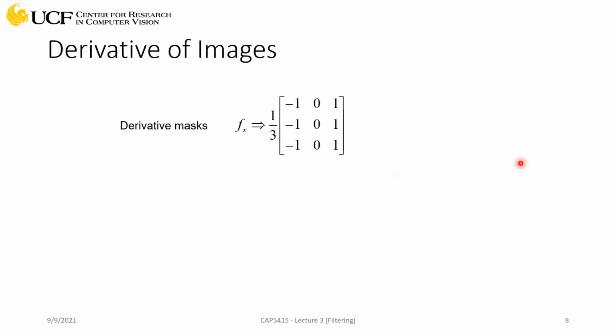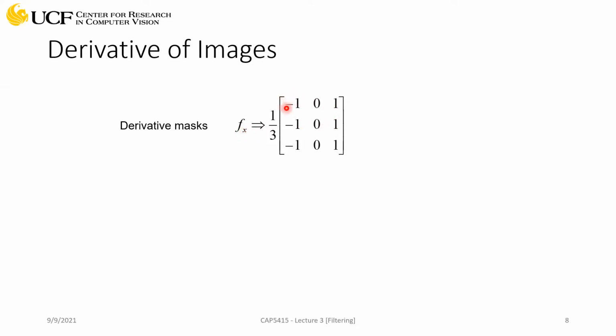All right, so now similar to the way you computed derivative mask for one-dimensional derivatives, you can do similarly for two-dimensional images as well. In this case, you can see that it's a two-dimensional matrix, and this is derivative in x direction.